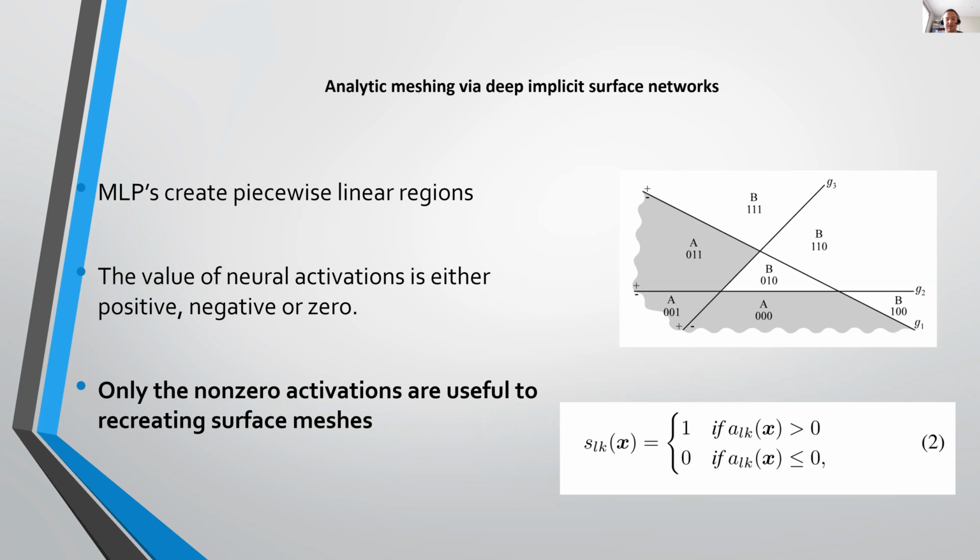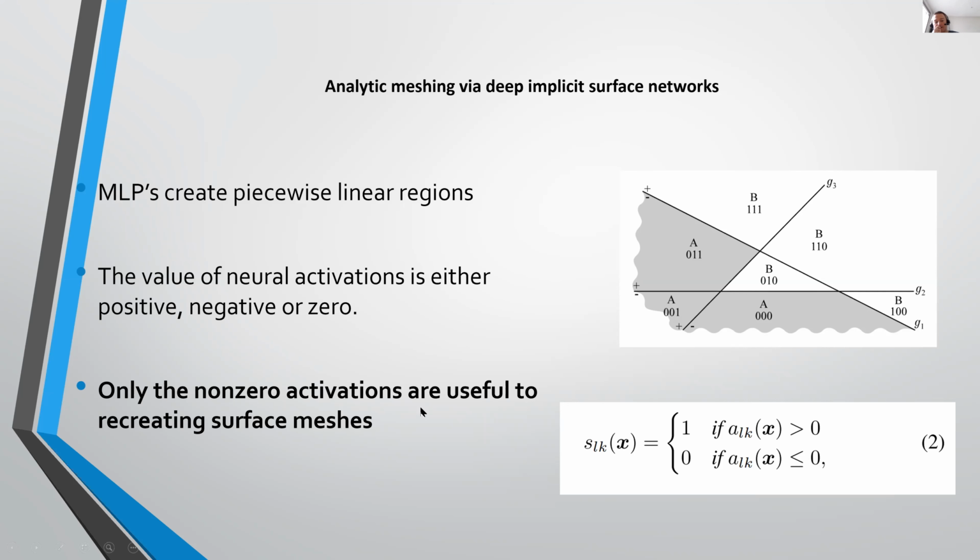But what the algorithm essentially is doing is walking through these piecewise regions that are created by an MLP and extracting the useful ones, and then finding the points that specify those regions, and using those to reconstruct the surface. So that's sort of the high level idea. You're basically walking along the piecewise hyperplanes and reconstructing the surface.